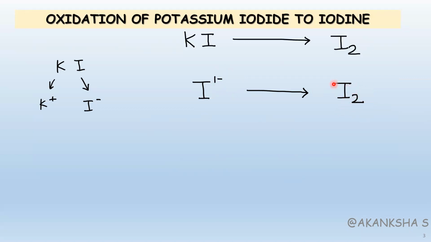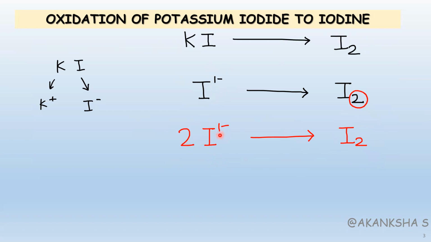Two atoms of iodine are required, but we here have only one iodide ion. So we are going to take two iodide ions and convert them to iodine. The iodine molecule has no charge, but iodide has one minus, and we have two iodides.